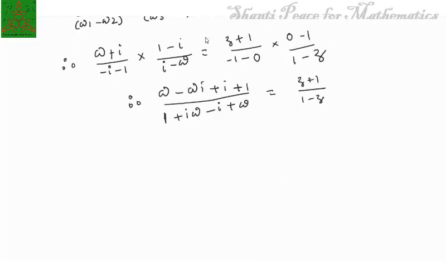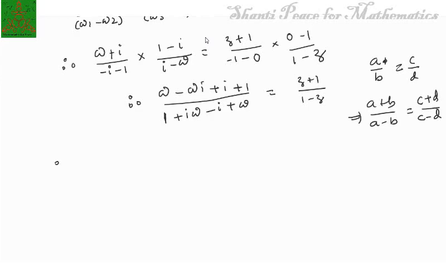Now from this I want to express W. So just using the dividendo and componendo rule, recall what it is: if A upon B is the same as C upon D, then we can write A plus B upon A minus B is equal to C plus D upon C minus D. So this is the dividendo componendo rule.